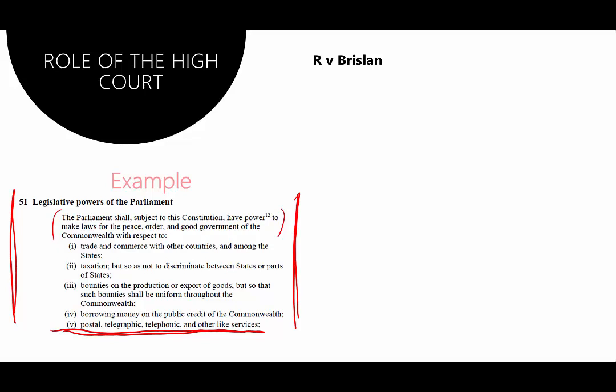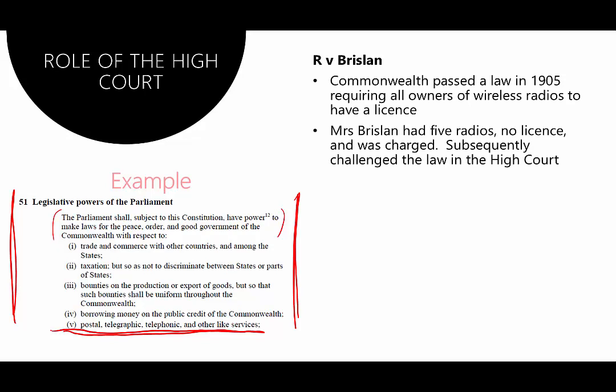Effectively, back in I think it was the 1930s, there was a woman called Mrs. Brislin. And Mrs. Brislin owned 5 radios. They were all hooked up to an aerial at her house, and she had no license to own radios.